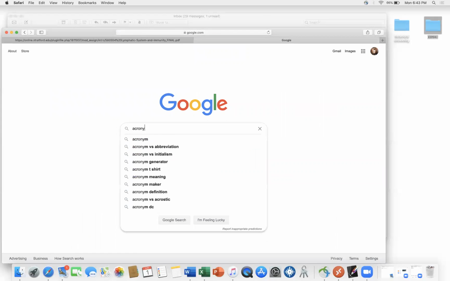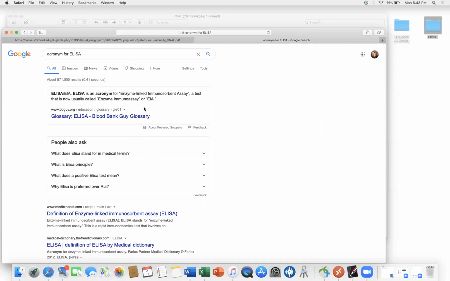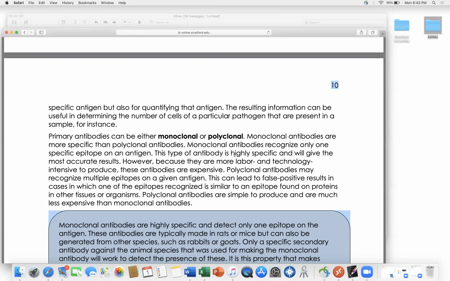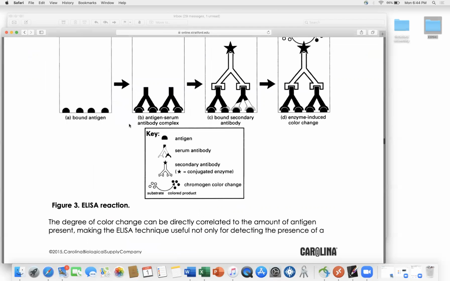Enzyme linked immunosorbent assay. Okay, so what does that mean? We use enzymes and then we link it to antibodies. So let's say, for example, let's look at this antibody. Let's say this is a cancer cell that has bound antigen.